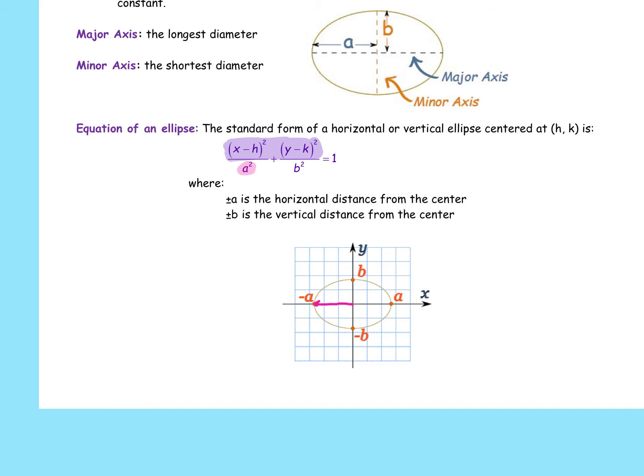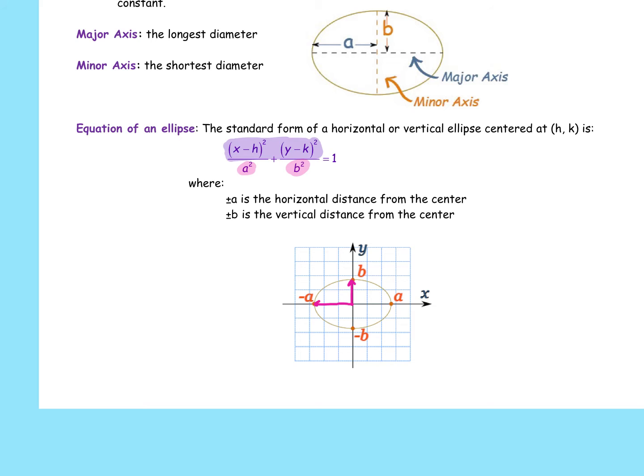And B squared is my vertical distance. So I count how many from the center of my ellipse to the edge of my ellipse vertically. I said that backwards, didn't I? So A is horizontal and B is vertical, okay? And that's it. All there is to it, done.